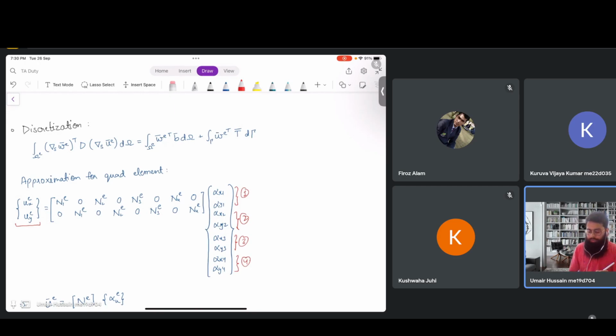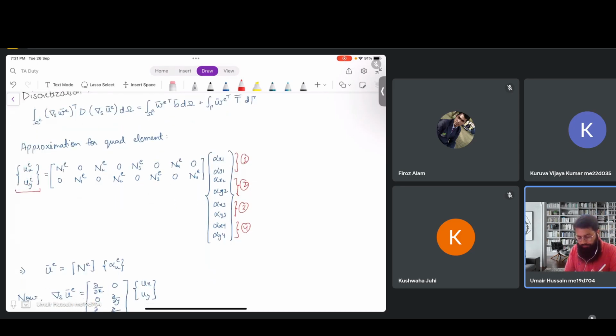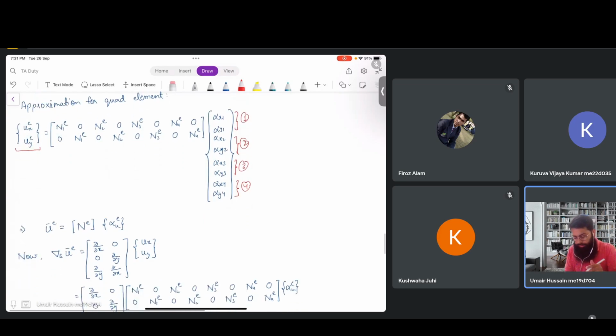So we can represent this displacement vector as the nodal displacement in each direction for the quadrilateral element like this. So this can be simplified as the multiplication of the N matrix with this vector alpha u.